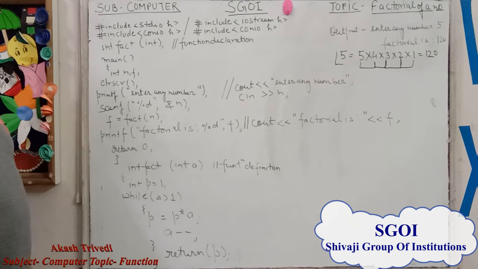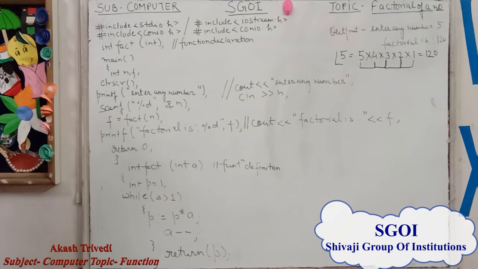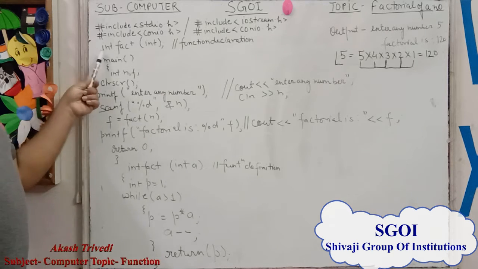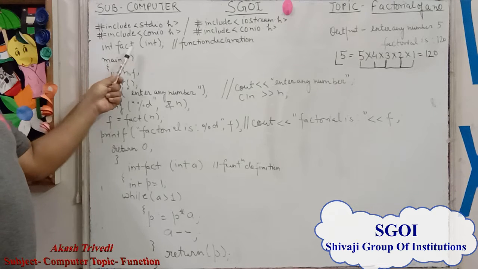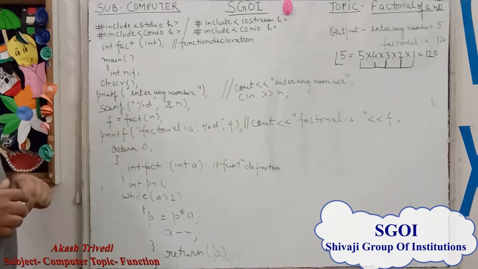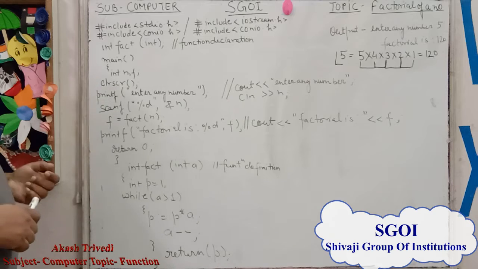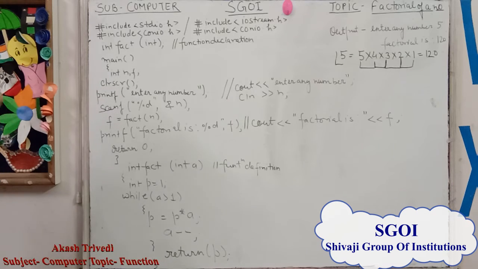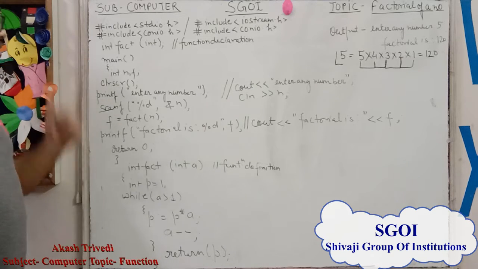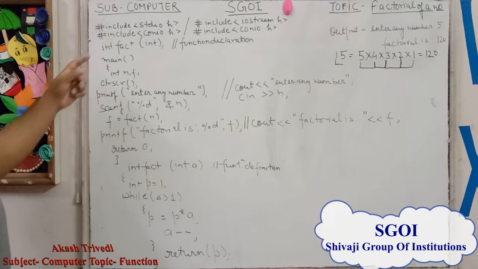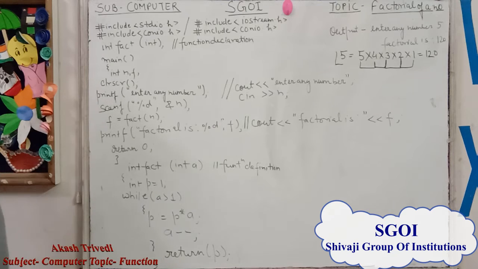After that, the topic is function in C. We create this program with the help of a function, that is return data type, function name, and argument or parameter list. The return type is int, the function name is fact, and the parameter list is int.